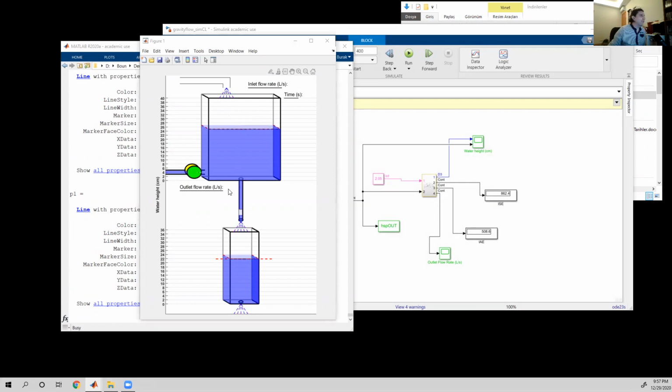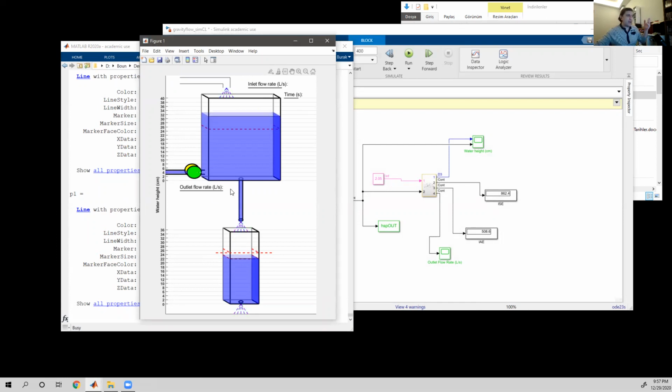So the outlet flow rate is equal to 1.99. You can ask, why does it change during all this time? Because of the disturbance. Now, from this point on, the set point has been increased to the new value, and the outlet flow rate is now equal to 0. Why?